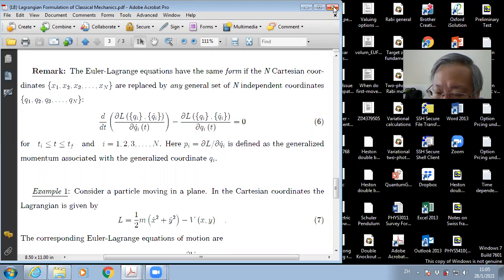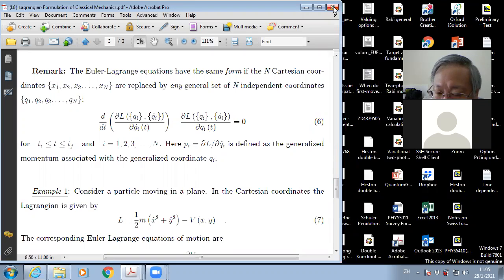Now, as shown here, I emphasize that the Euler-Lagrange equations of motion have the same form no matter which set of coordinates you use. For example, if you use n Cartesian coordinates, then you will have n coupled differential equations. If you use n independent coordinates, again, generalized coordinates, then you also have n independent equations of motion.